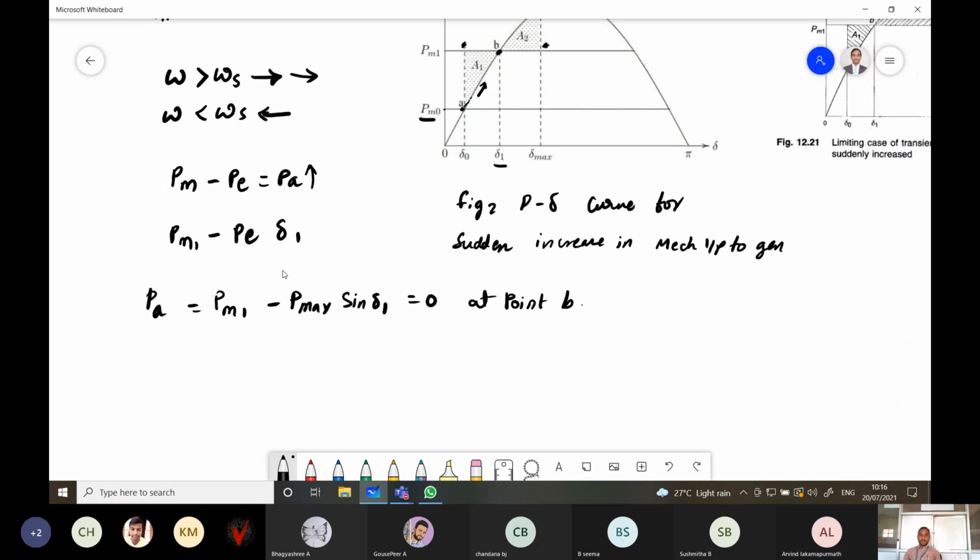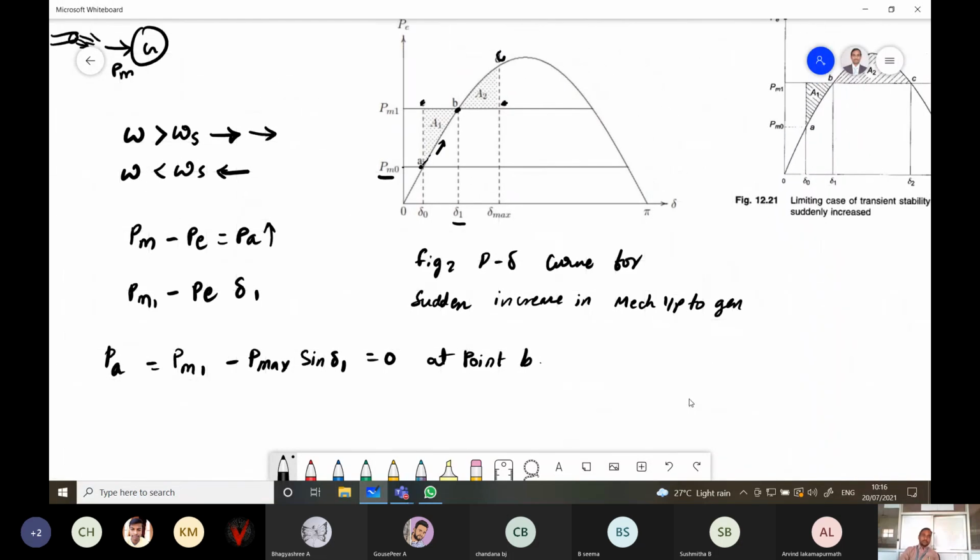But the rotor angle will continuously increase. Because of the sudden change in mechanical input, omega is more than the synchronous speed omega s, so the delta angle will continuously increase. Because of that, the rotor angle continuously increases, since omega is greater than omega s.